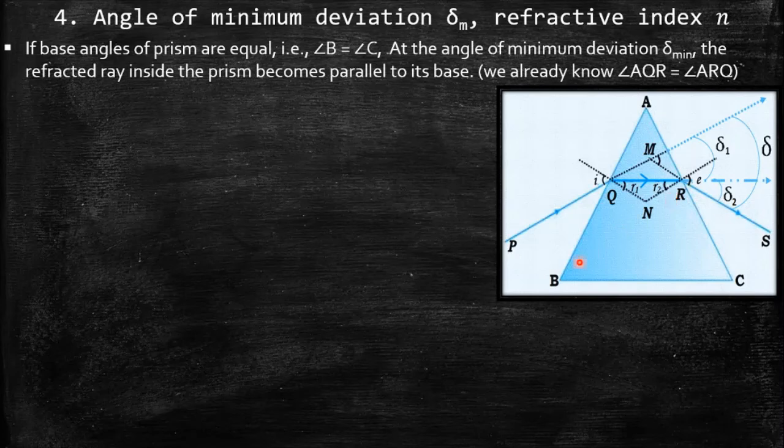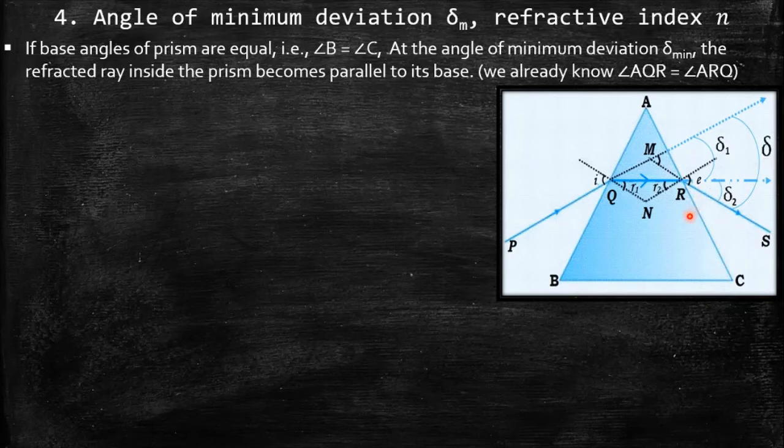Now if B and C are equal, it is obviously worth noting that triangle AQR is going to be similar to triangle ABC. And this is going to happen only and only when delta is delta minimum, right?